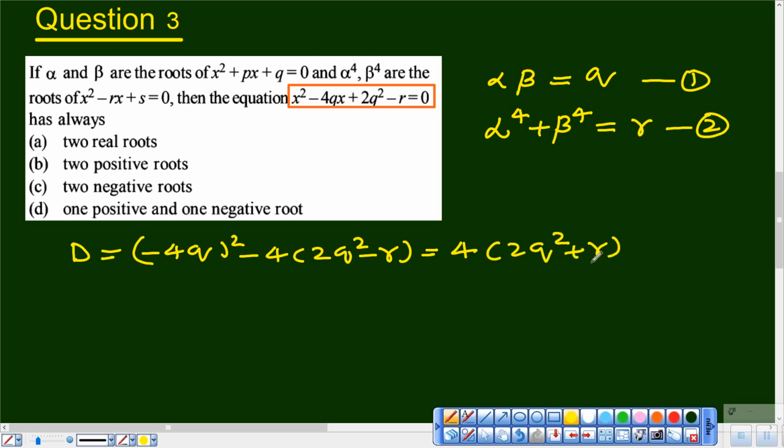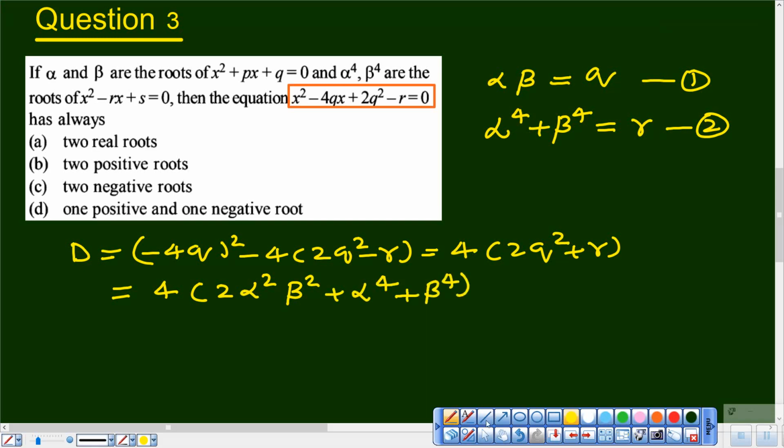Right? Which of course can be written as 4, and inside the bracket you have 2q square. So 2q square is going to be 2 alpha square beta square, because q is alpha beta. And what is r? r is alpha raised to the power 4 plus beta raised to the power 4. That's why alpha raised to the power 4 plus beta raised to the power 4. What a beauty!